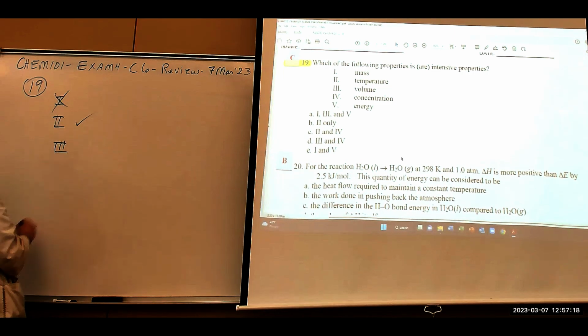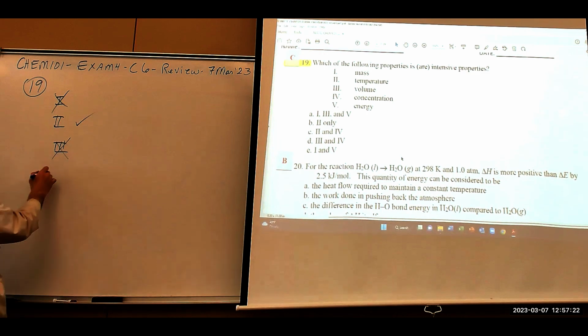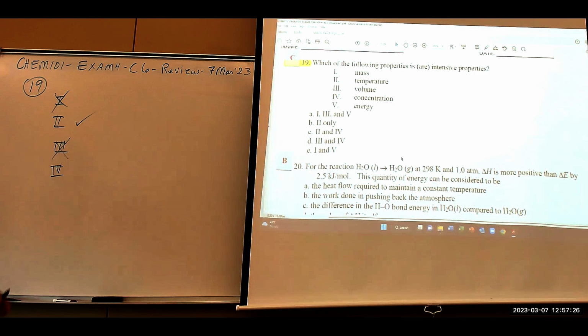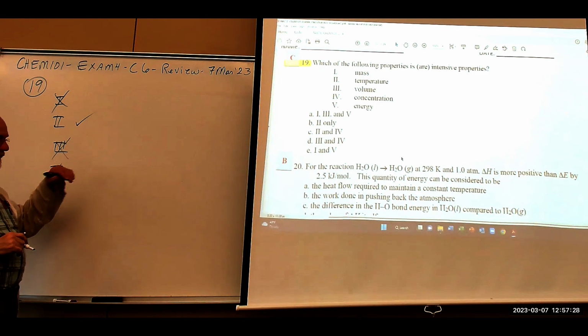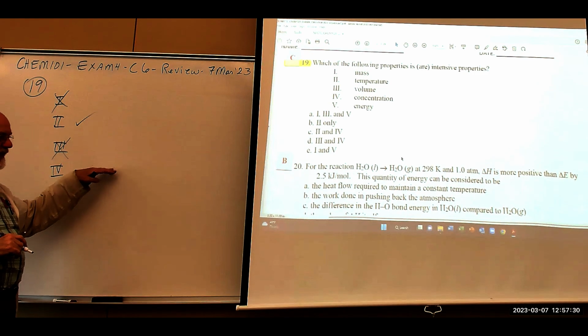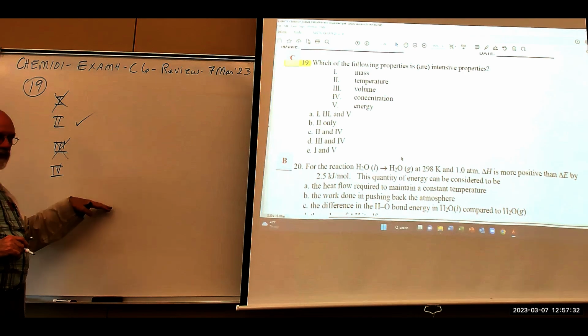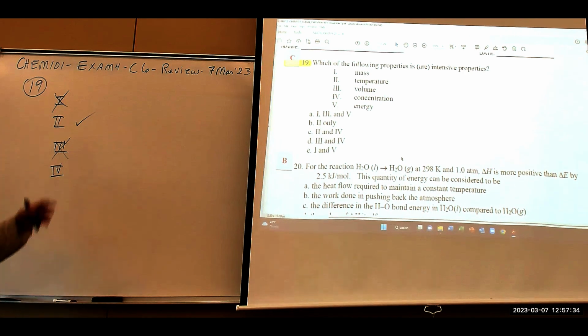Volume. No, you got more stuff, you got more volume. 4. Concentration. Yep. It's mass per unit volume usually.